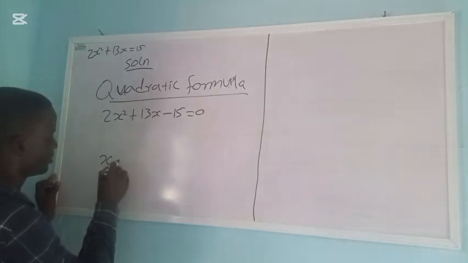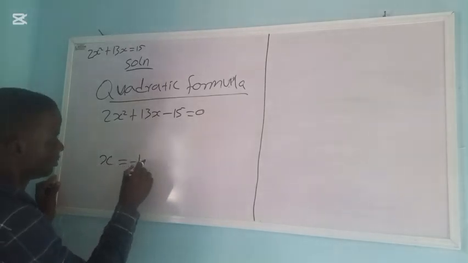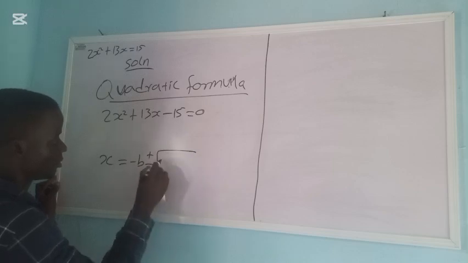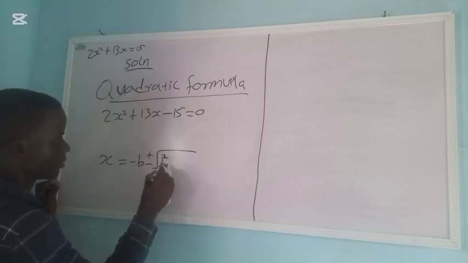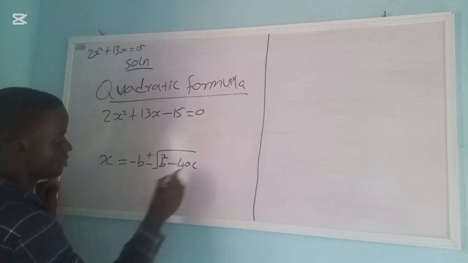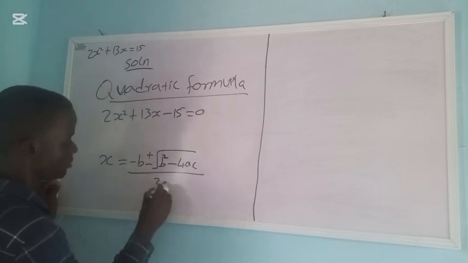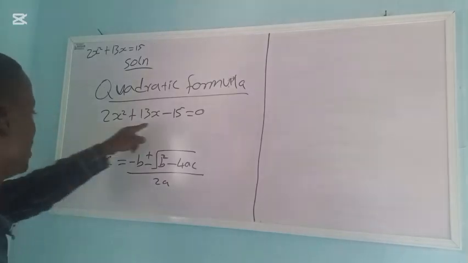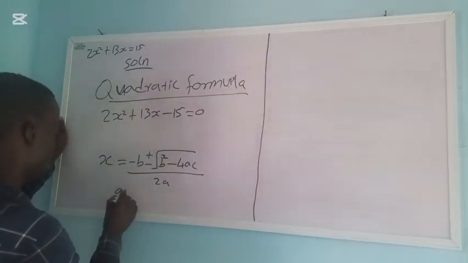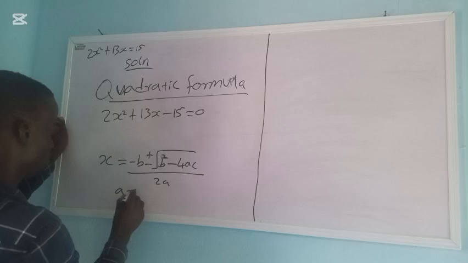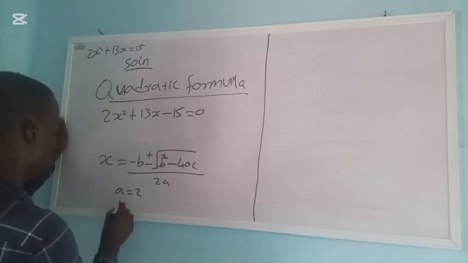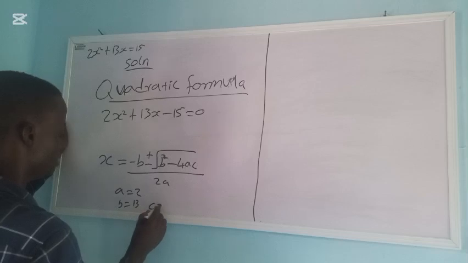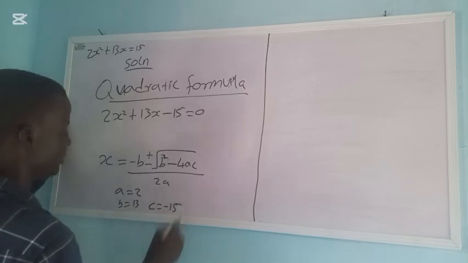We have x is equals to minus b plus or minus the root of b squared minus 4ac all over 2a. So this is the formula. And now here we have a is 2, then b is 13, and then c is minus 15.